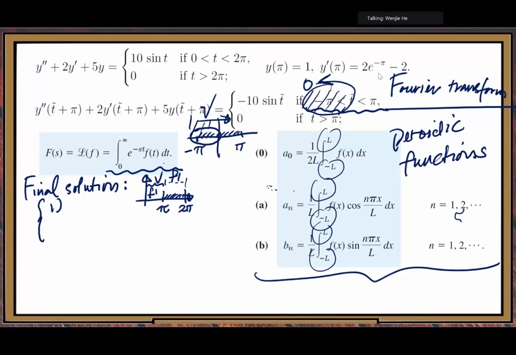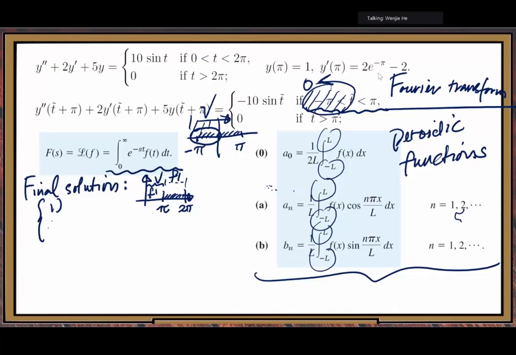So that's method 1. Most students use this way: extend the F1 function to the missing half.